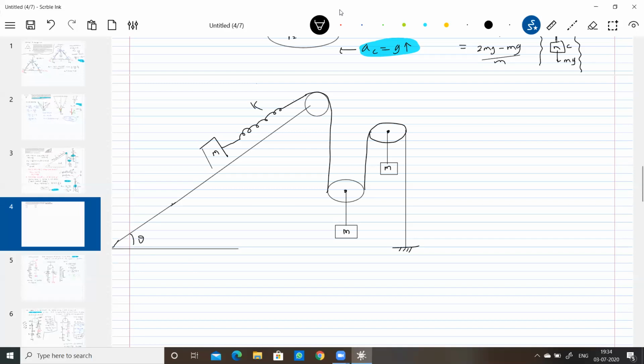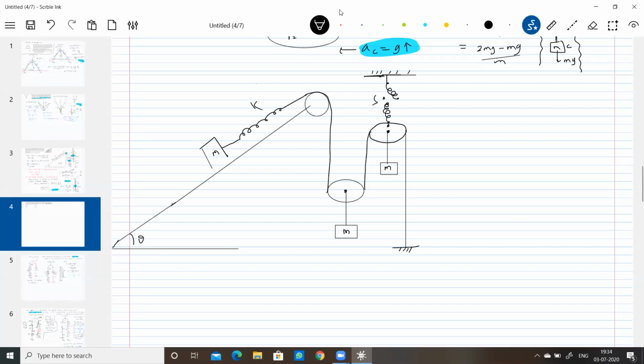Now what I'm going to do is cut this particular spring. Tell me what will happen. I'll just show it like this, so that it'll be easy for you.